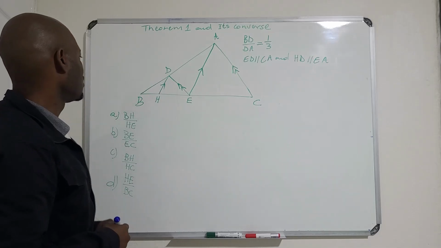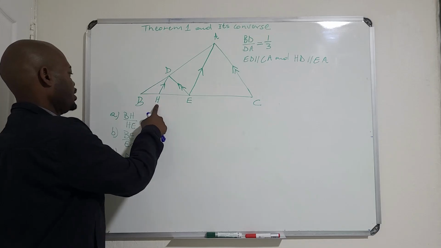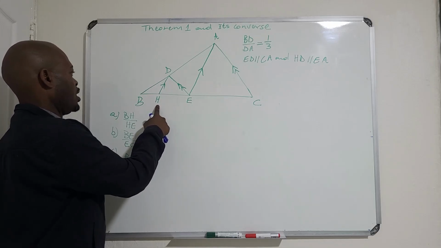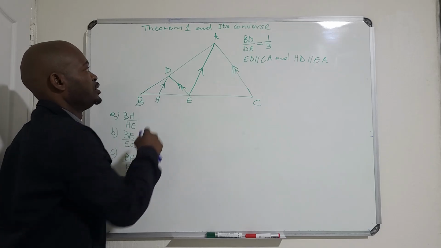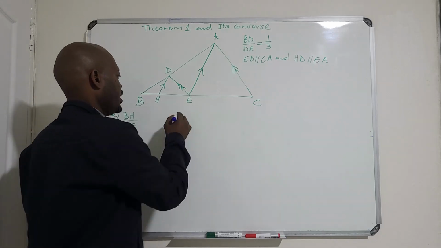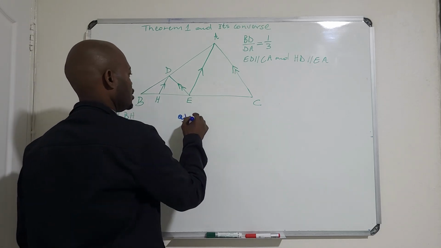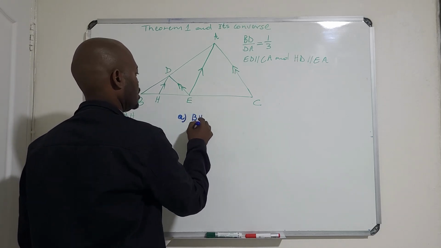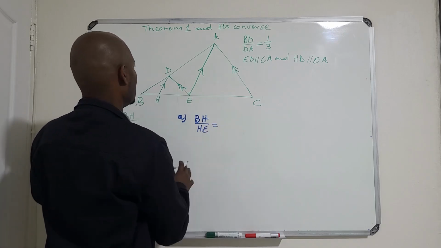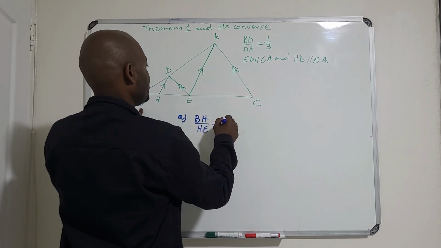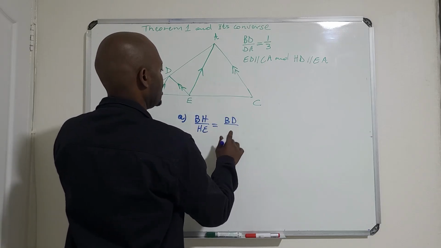Now, we are told to find BH over HE. BH over HE is equal to BD over DA.